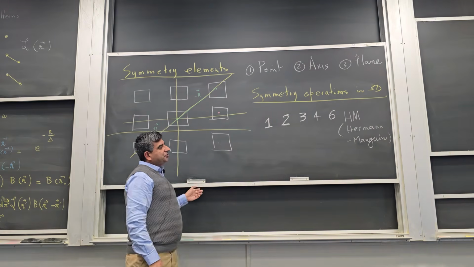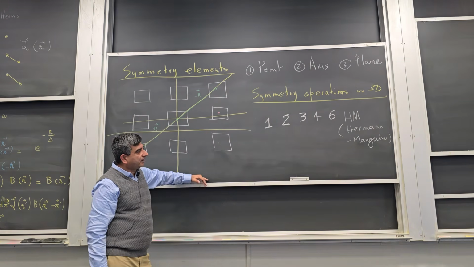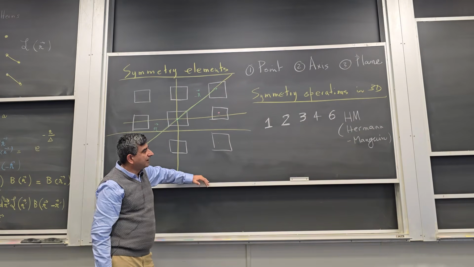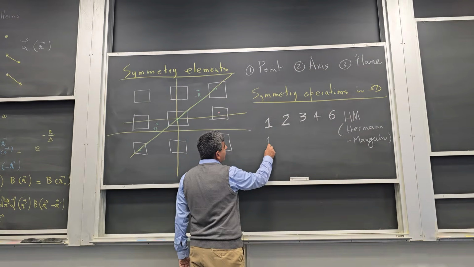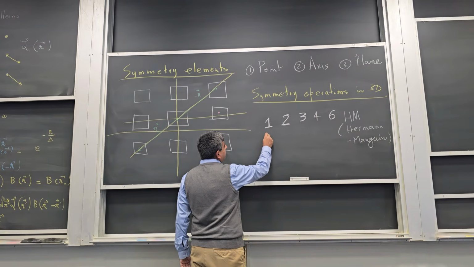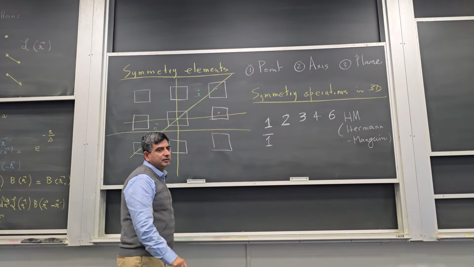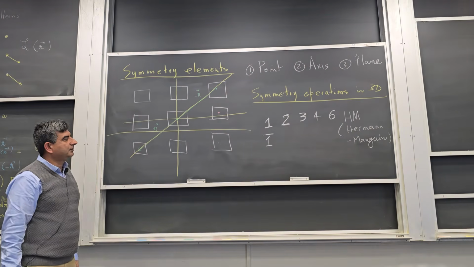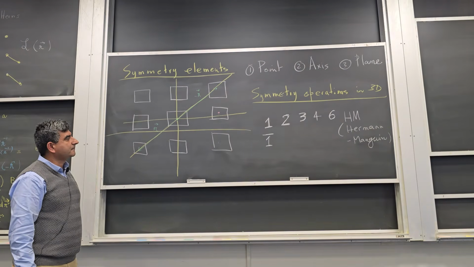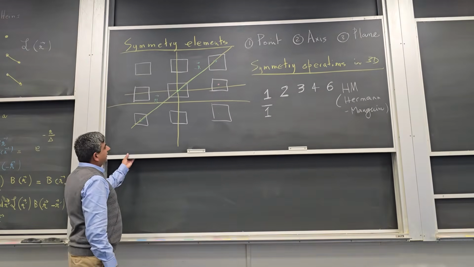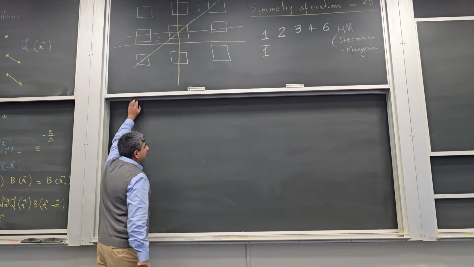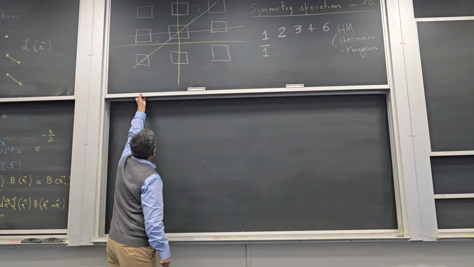There are 2 different additional operations that are allowed. You can have 1 bar. Now what does 1 bar mean? 1 bar means exactly this thing that I described earlier.